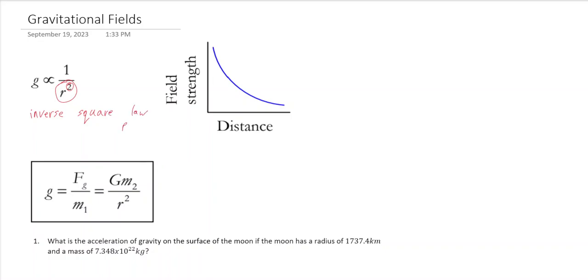Okay, it's proportional, but only with inverse squares. So if you see here, the further you go, the significantly less field strength there is. That's a concept that you need to know.